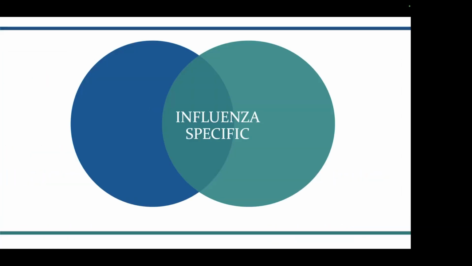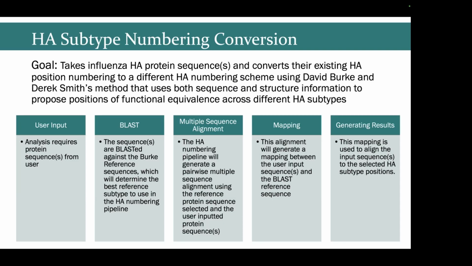We have a few influenza-specific tools and services that I'd like to highlight. So we have an HA subtype numbering conversion that takes influenza HA protein sequences and converts existing HA position numbers to a different HA numbering scheme using David Burke and Derek Smith's method, which uses both sequence and structure information to propose positions of functional equivalence across the different HA subtypes.